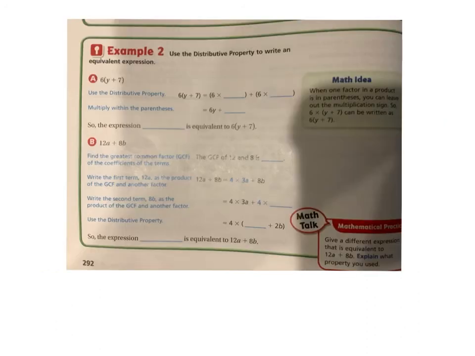And so in this lesson, they're going to start asking us, are these equivalent or are these not? And we're going to kind of test it out to see. So here we have, on example 2, the expression 6 times y plus 7. This is that distribute in thing. We would use the distributive property. This is 6 times y, and 6 times 7.